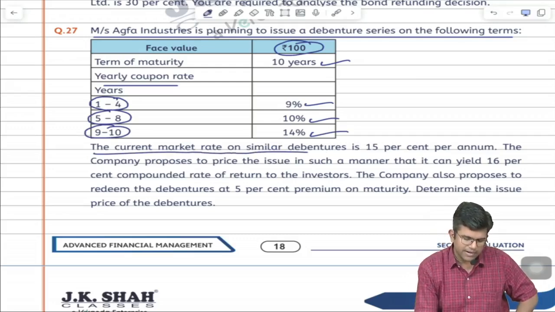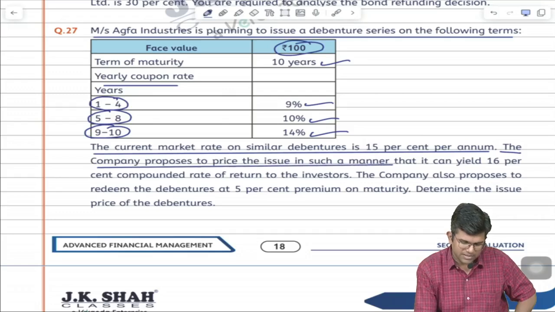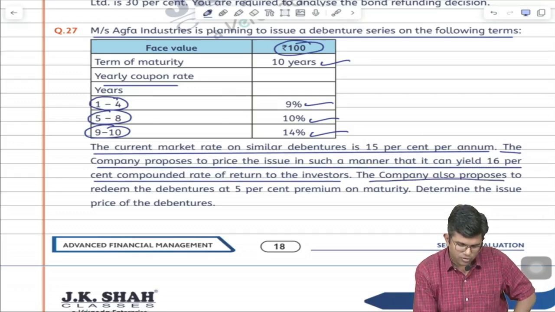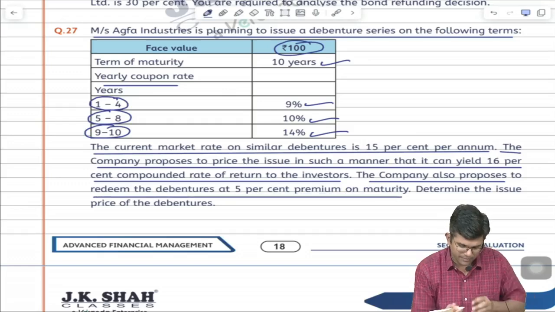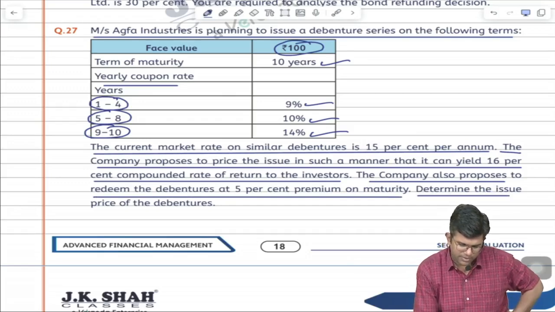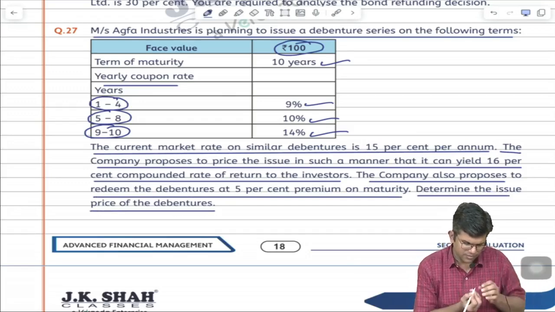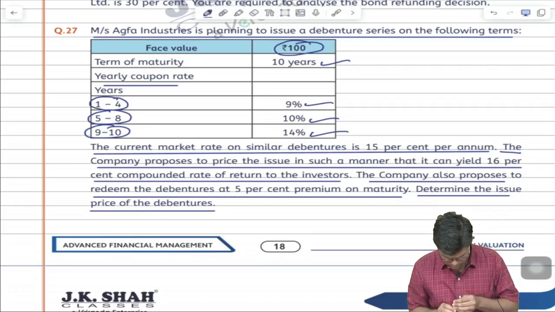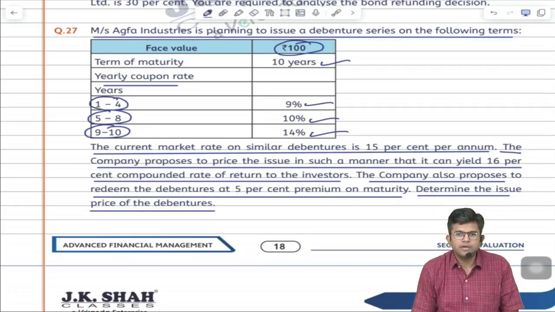Current market rate on similar debentures is 15% per annum. The company proposes to price the debenture in such a way that can give 16% return to the investors. The company also proposes to redeem the debentures at 5% premium on maturity. Determine the issue price of the debentures. Ready? Determine the issue price of the debentures.